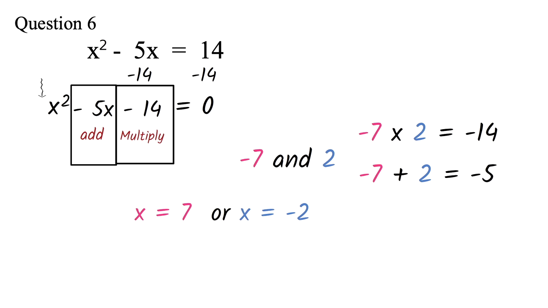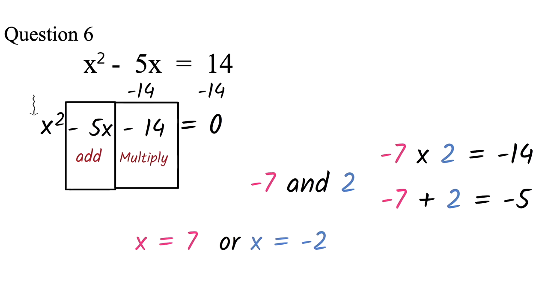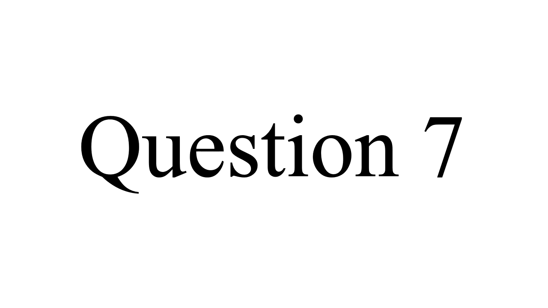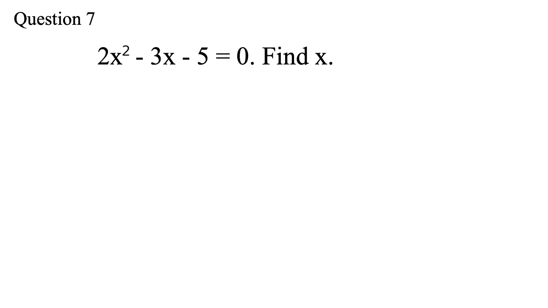Now let's look at what you'll do when you have a number in front of the x squared. Question 7. 2x squared minus 3x minus 5 equals 0. Find x. This is also another form of trinomial. The difference is that the coefficient of the x squared is not 1. Or simply put, this kind has a number in front of the x squared.